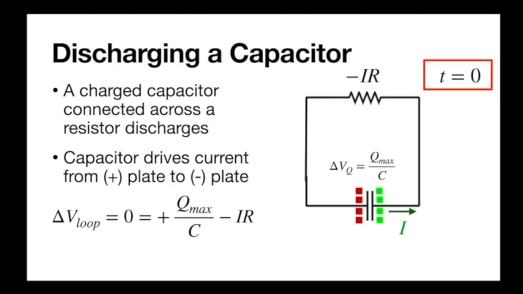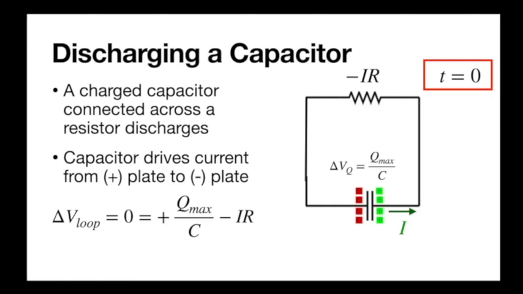So now I've charged up the capacitor, and what I'm going to do now is just connect the capacitor across the resistor, and as we'll see, initially we get a big current across the resistor, and the voltage across the capacitor starts to shrink. And now the charges are just leaving the capacitor across the resistor and canceling out.